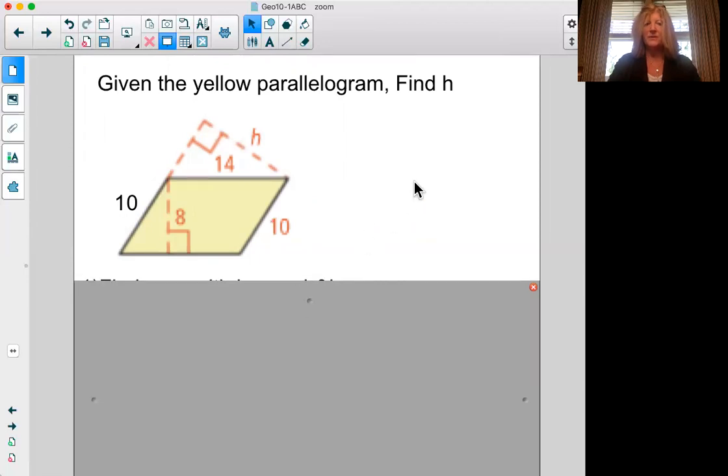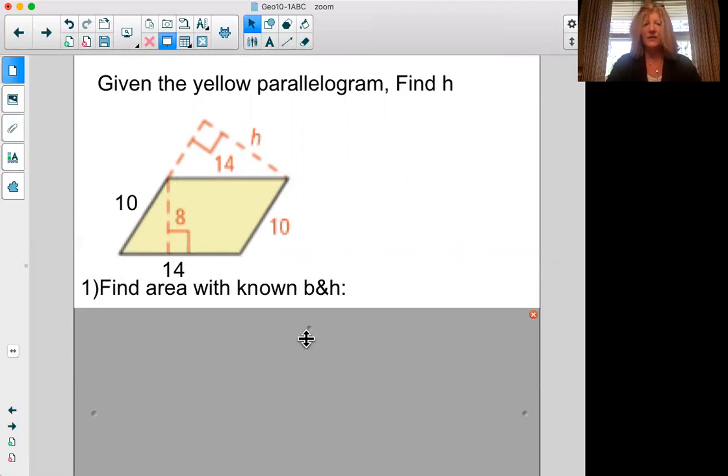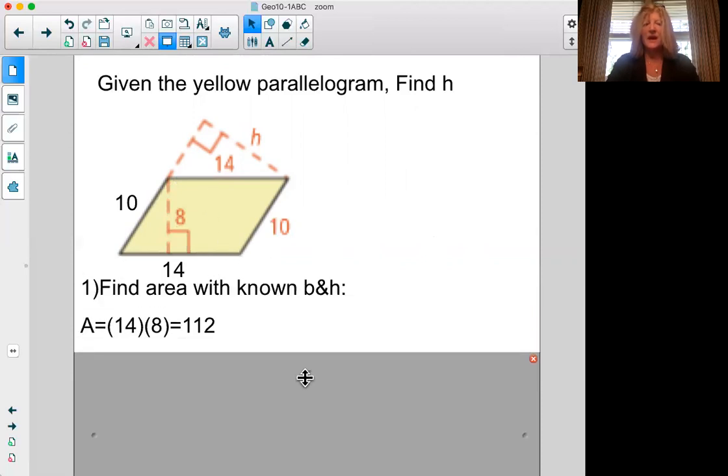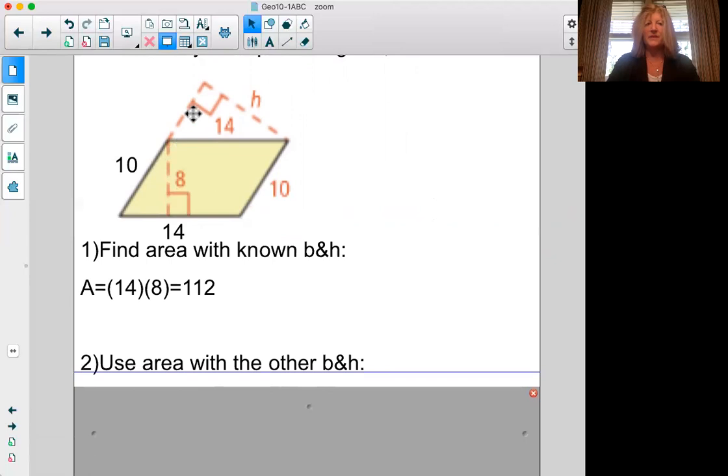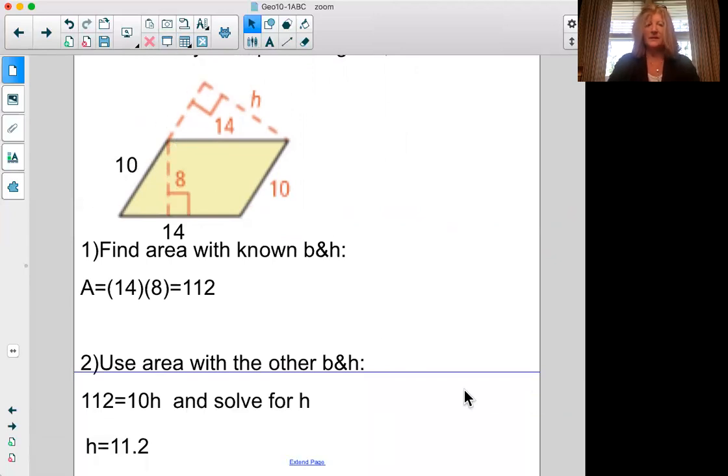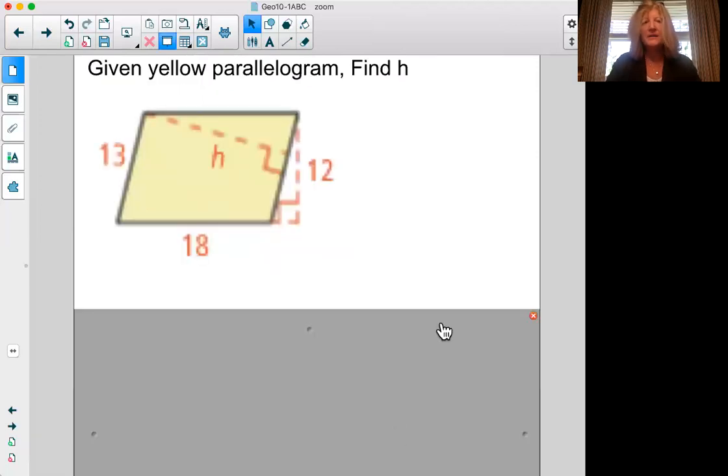I have to use my knowledge that opposite sides of a parallelogram are congruent, so my base and my height, 14 and 8, will allow me to calculate the area, and now I can rotate that parallelogram in space to make this the base and this the height. And then I can solve for that height. Pause, find h, and then press play for the solution.